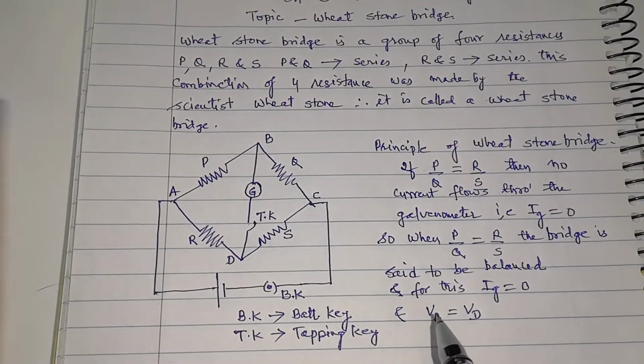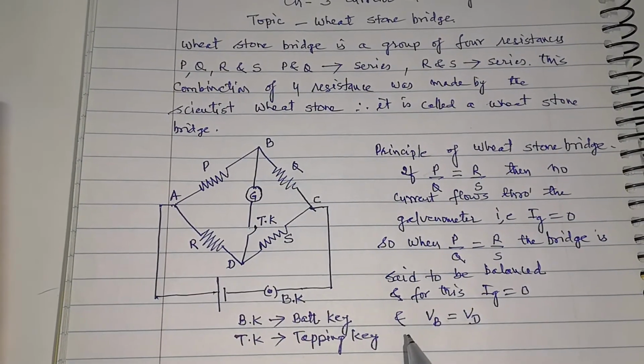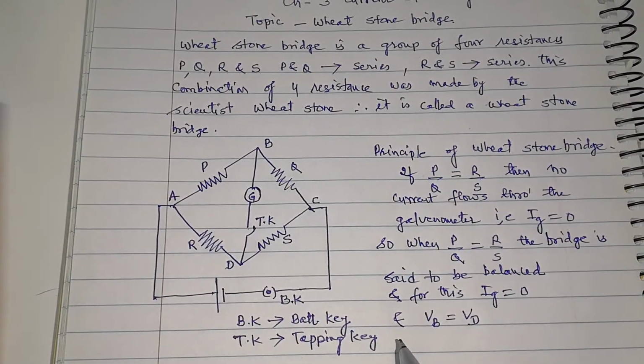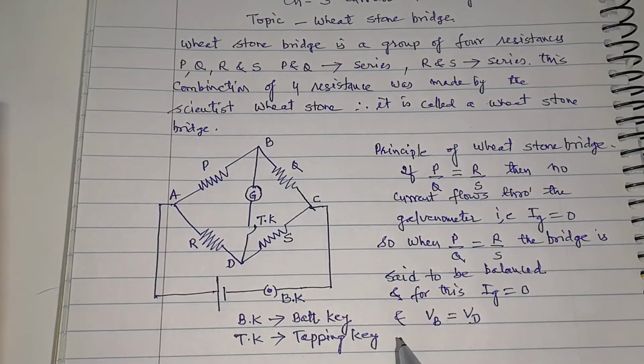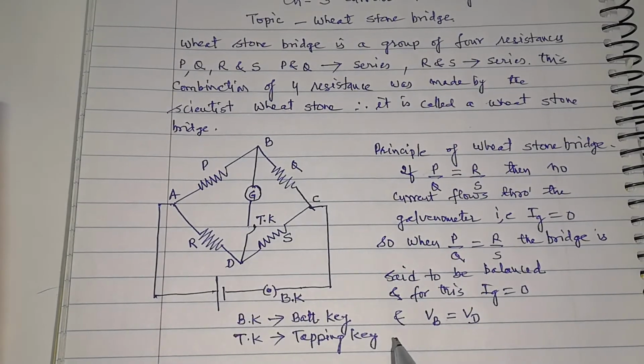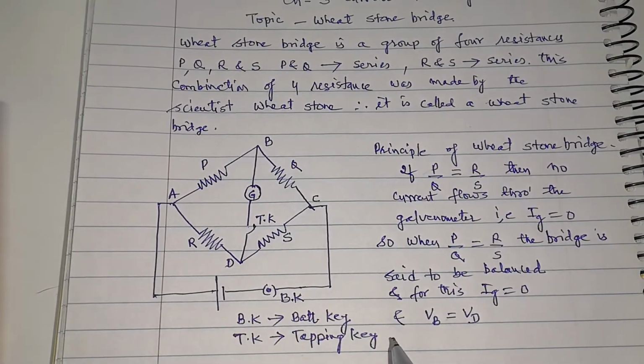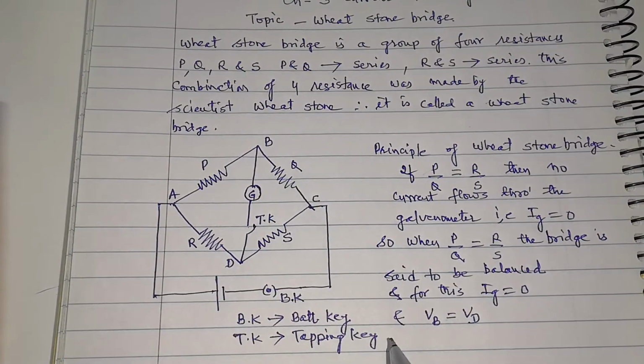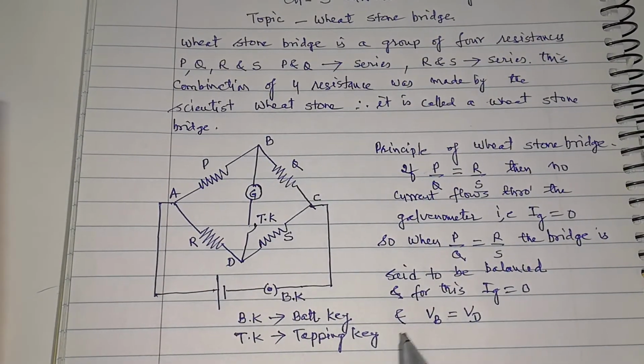This we can do by adjusting the values of the resistances of the Wheatstone bridge. We can make the current Ig 0. In that case, P upon Q is equal to R upon S.